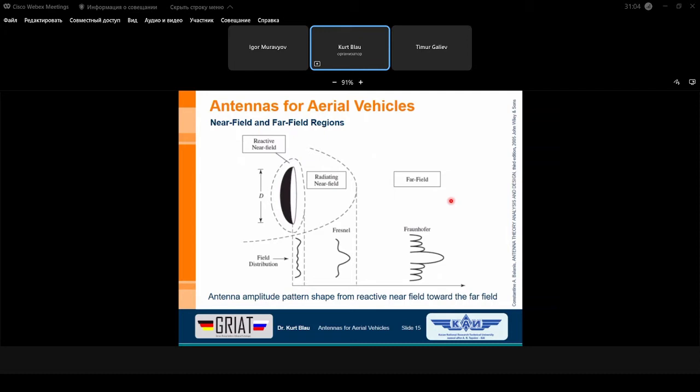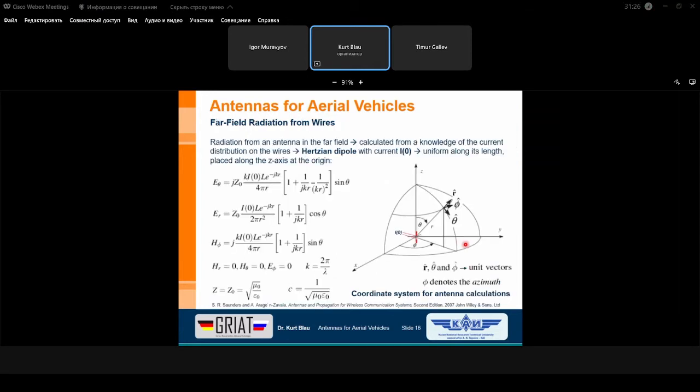In most cases, we have frequencies higher than 10 gigahertz. It's only a numerical example. Then we need a distance of several 10 meters to measure the pattern of the antenna in this way. This was more or less our last slide.